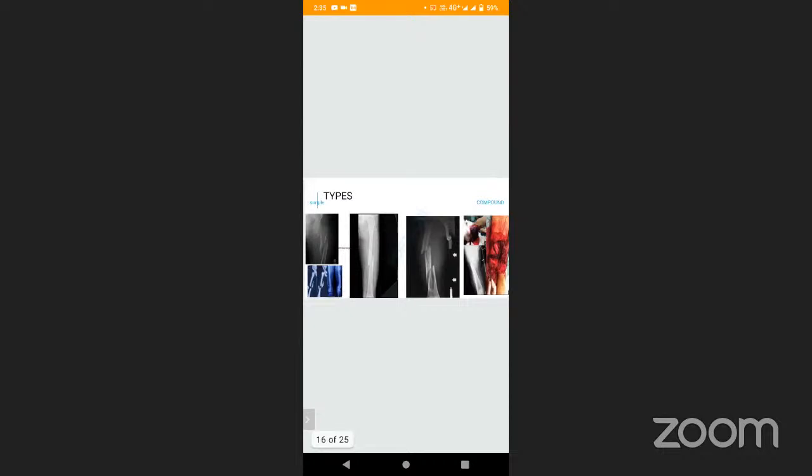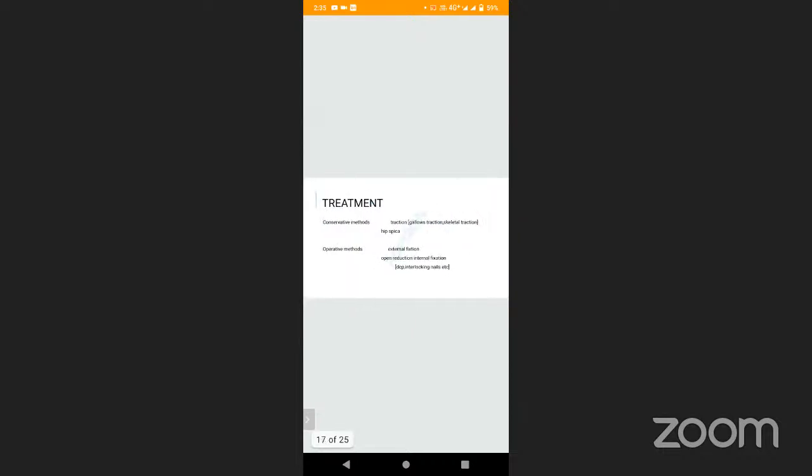Okay, so these are the types of fractures. Now we come to the treatment part of femoral shaft fractures. In olden days, operative methods were not available. Actually, after the Second World War, operative methods became popular.